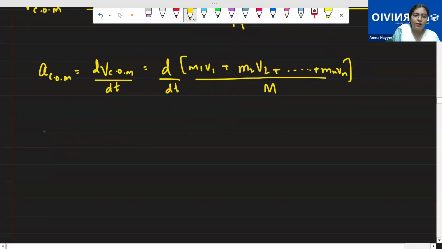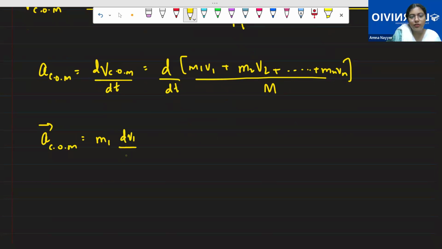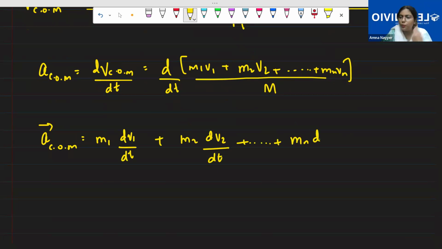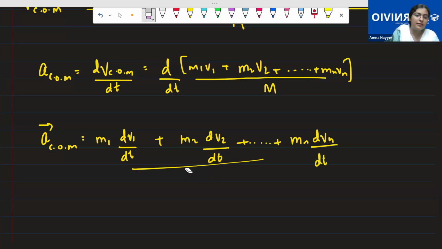So similarly here, for the acceleration of the center of mass, m1 dv1 over dt plus m2 dv2 over dt, m3 dv3 over dt, like this will go on till n. n means any number, where you put the number of particles given. That's why we write n. dvn over dt divided by the total mass.